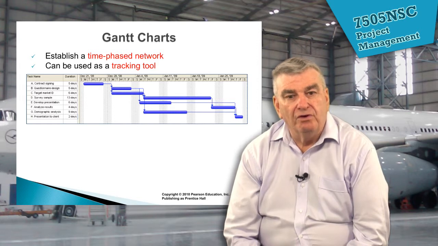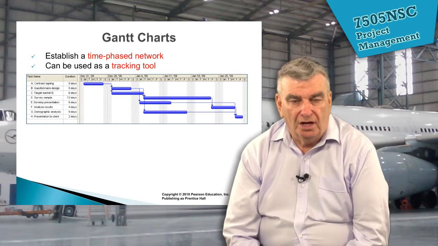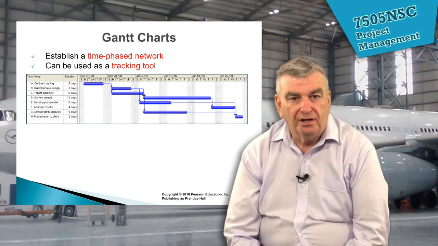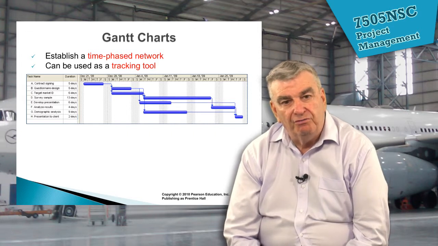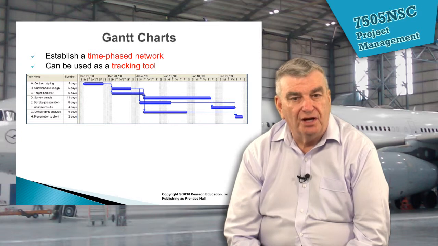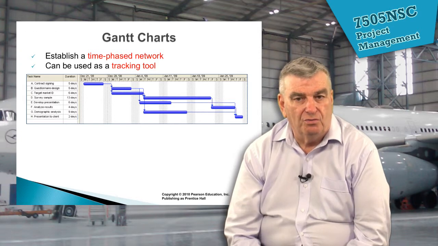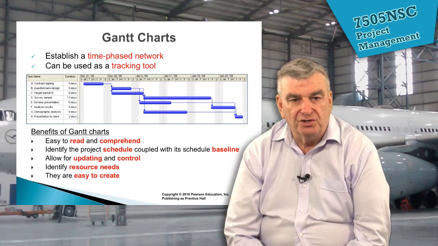So straight away we've got an immediate visual idea, first of all, of what the network looks like. We can see immediately when it starts, and when it finishes, and we can see for each activity its start and finish dates and which ones are done concurrently and which ones are done in serial. So a Gantt chart is a wonderful representation.